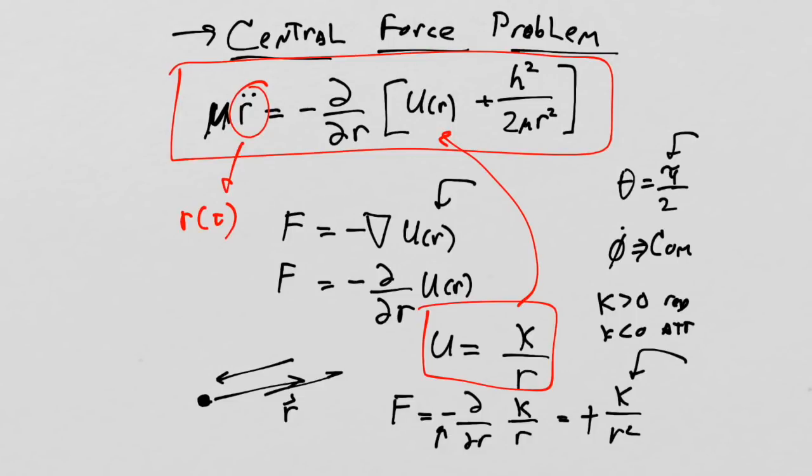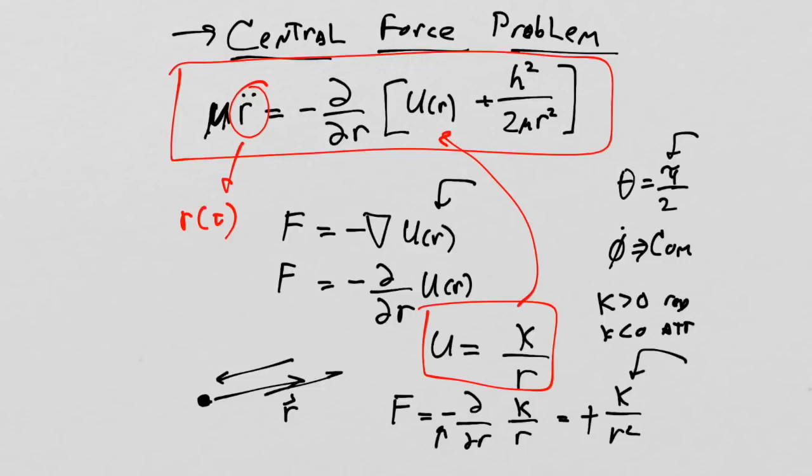Now, before we do this, we probably should spend a moment talking a little bit about the interpretation of this term here. This manifests itself as a force, right? Because the radial coordinate of our object moving through space has an acceleration assigned to it, and that acceleration is non-zero even in the absence of a potential.